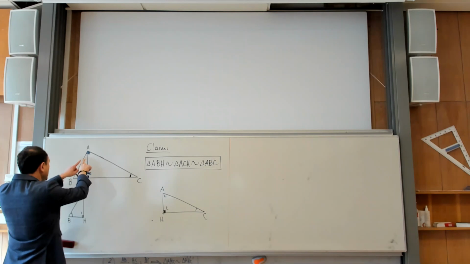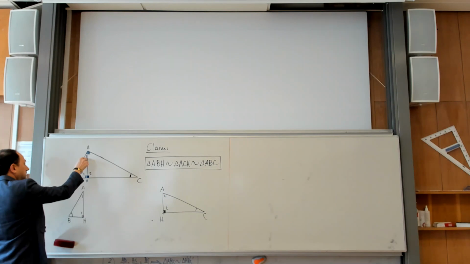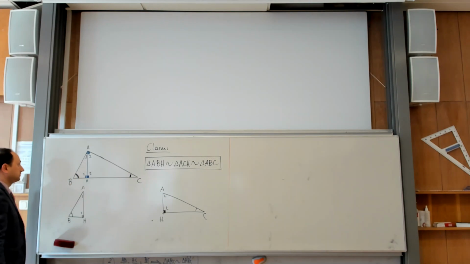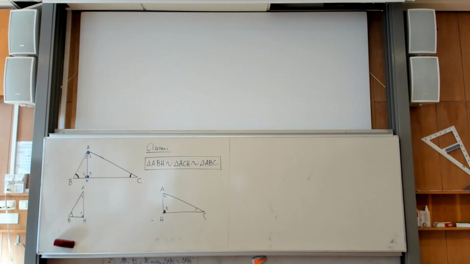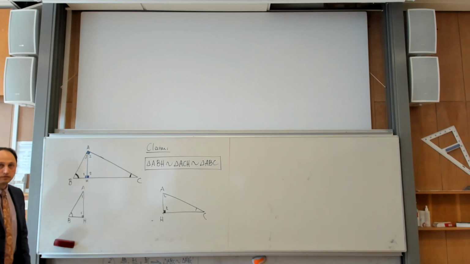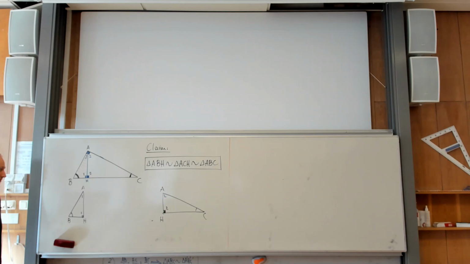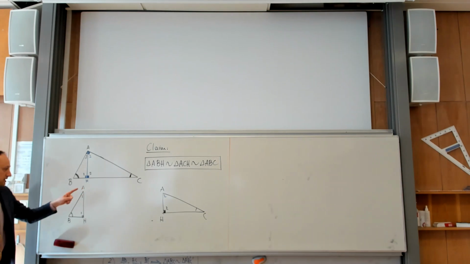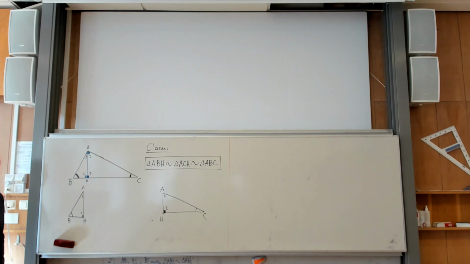You go back to this picture, A1 is here, A2 is here. Tell me why B is equal to A2. B is equal to A2, C is equal to A1. Why?